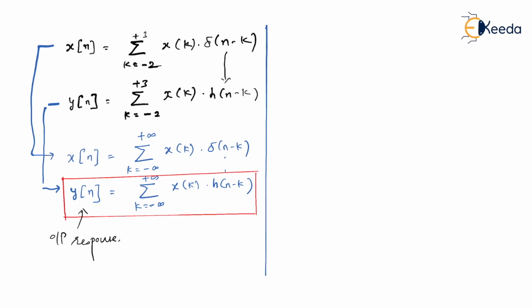Let me tell you, this y of n is expressed in terms of input x of k and impulse response, that is h of n minus k. This is what we call a convolution relation. Let me say this is equation number 1, or if you want to simplify equation 1, you can write it like this: y of n is equal to x of n convolution with h of n. This y of n is called the output response.